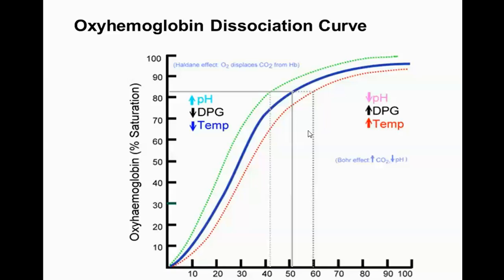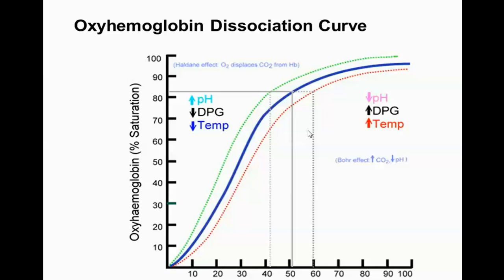Let's take it during the unloading, okay? During the unloading, when the curve shifts to the left, normally, here, the patient has how much? 82% of hemoglobin saturation, okay? How much can he unload of oxygen to the tissues? 50 PO2, yes.